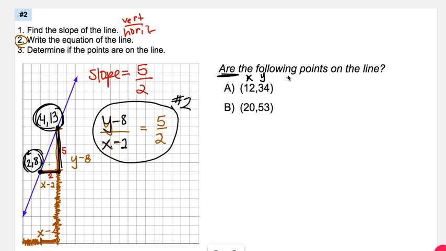So 34 minus 8 over 12 minus 2. Well, 34 minus 8 is 26, and 12 minus 2 is 10. If I simplify this down, I get 13 over 5, which does not equal 5 over 2, so this is a no.